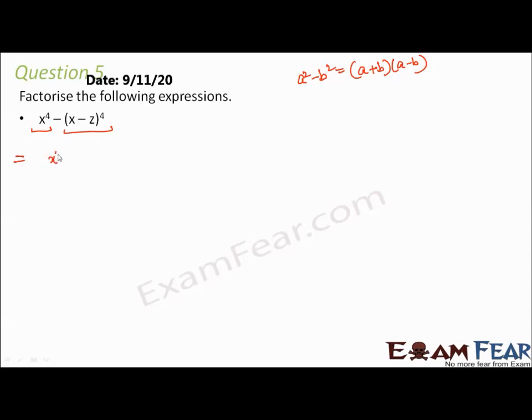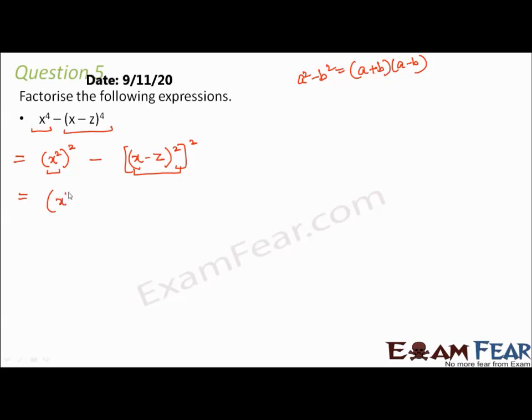So x to the power 4 can be written as x squared to the power 2. Similarly, x minus z to the power 4 can be written as x minus z whole square to the power 2. So this is basically in the form a square minus b square, where x square behaves like a and x minus z whole square behaves like b.